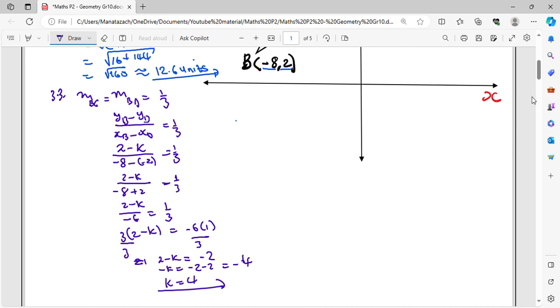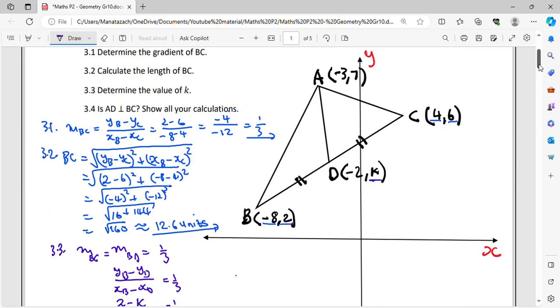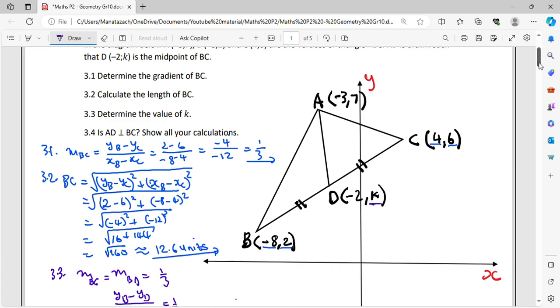Okay, so let's go to the next question. Determine the value. Okay, we've already determined that. The next question is 2.4. If AD is perpendicular to BC, show that AD is perpendicular to BC. Okay, we already know the laws of perpendicular lines.